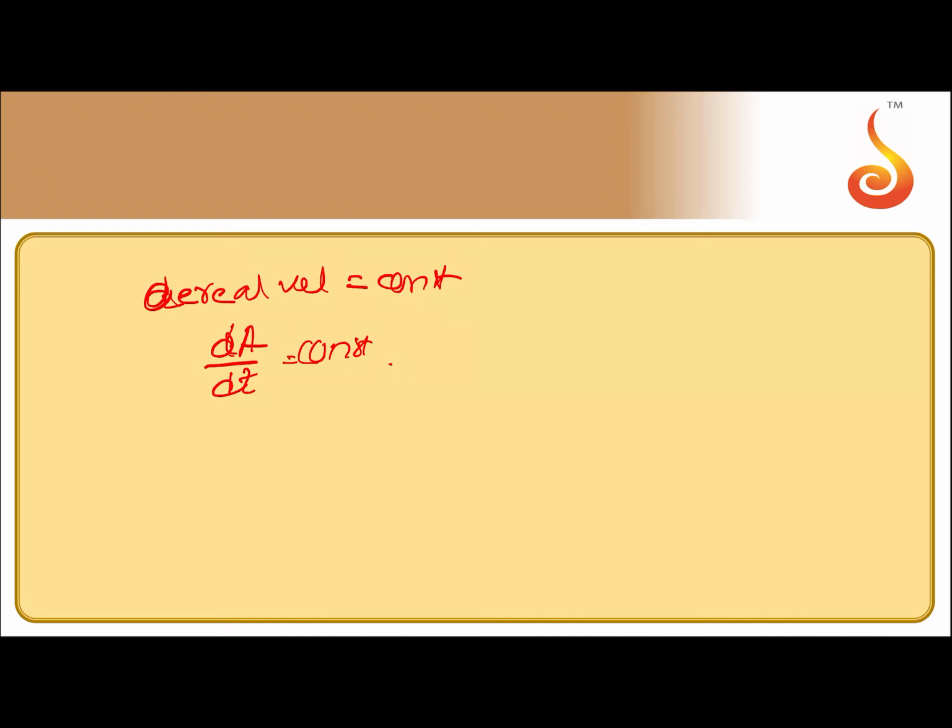Now, when it is stopped, the satellite will fall along the radius of the orbit, and it can be regarded as a limiting case of an ellipse whose semi-major axis is r by 2. Let me repeat. When you stop it, the satellite will fall along the radius of the orbit, which can be regarded as a special case or a limiting case of an ellipse with semi-major axis r by 2.